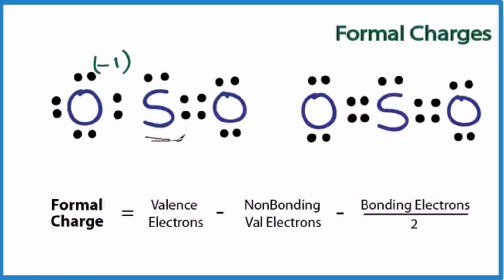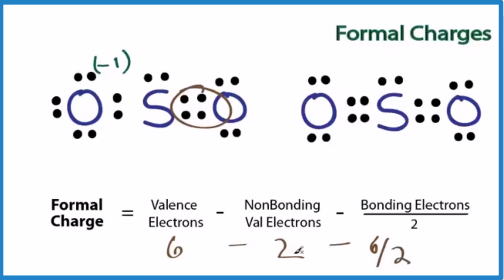For the sulfur, right here, we have group 6, non-bonding, that's these here, and then bonding, these and these are forming bonds, so we have 6 over 2, and 6 minus 2 minus 3 equals a positive 1. So this is going to have a formal charge of plus 1.